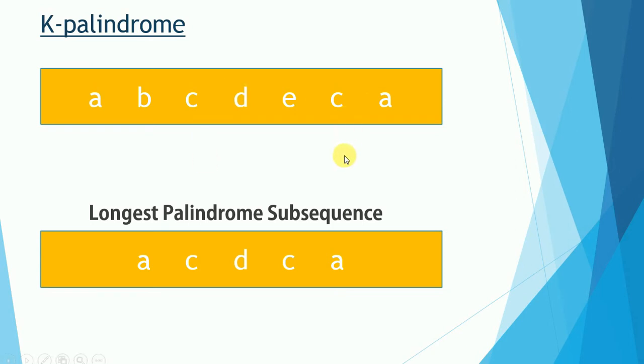So if we subtract the length of the longest palindromic subsequence from the total length of the string, and the value we get is less than or equal to k, then it's a K-Palindrome. Now we are going to switch to our framework where we will find the length of the longest palindromic subsequence.